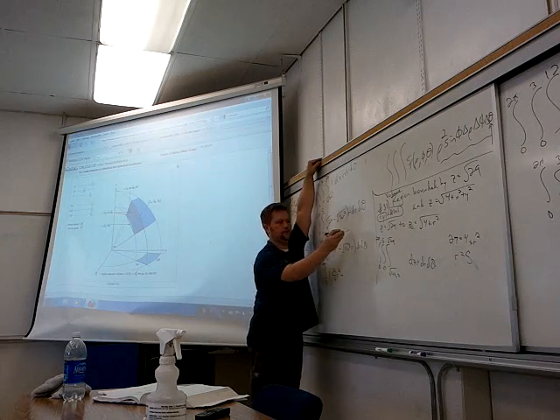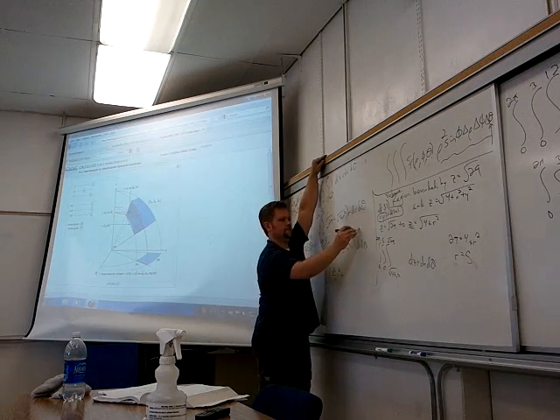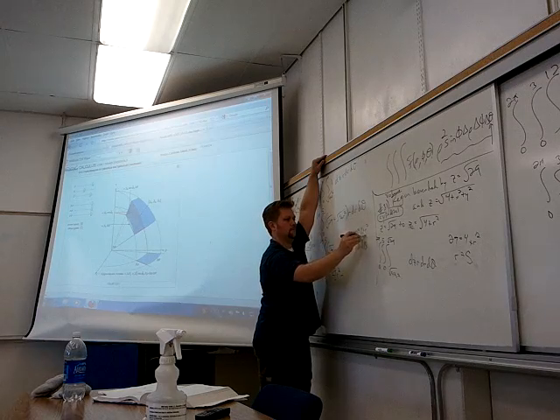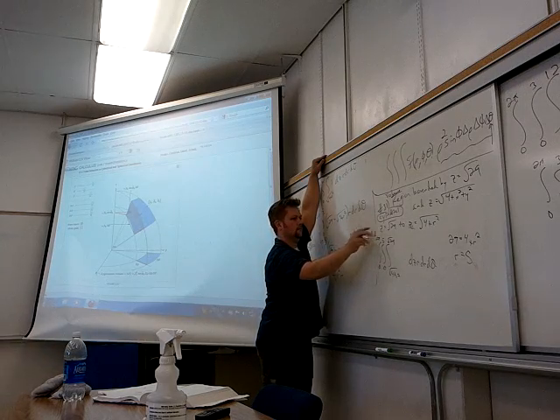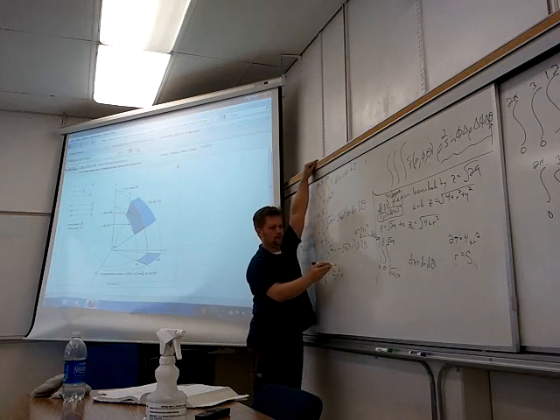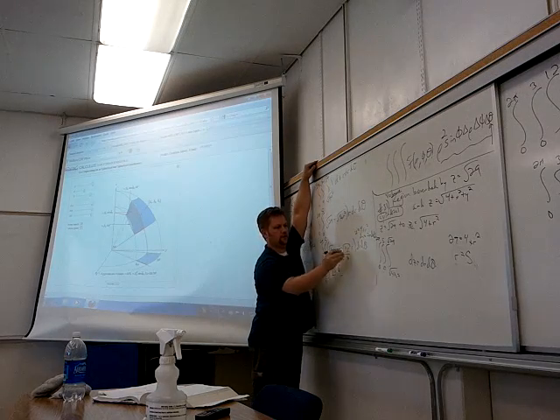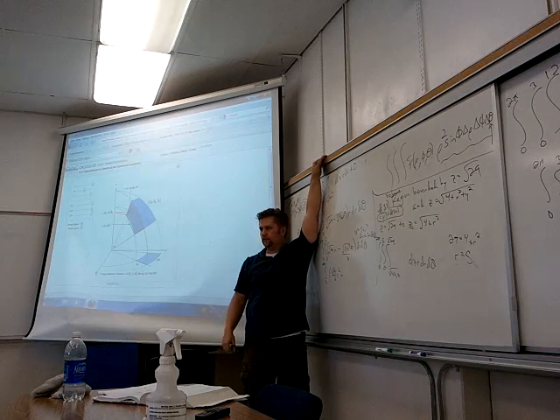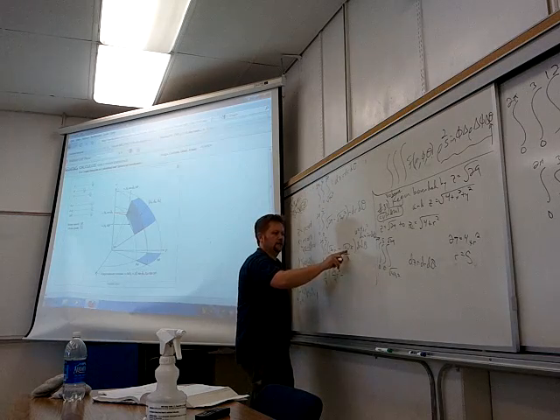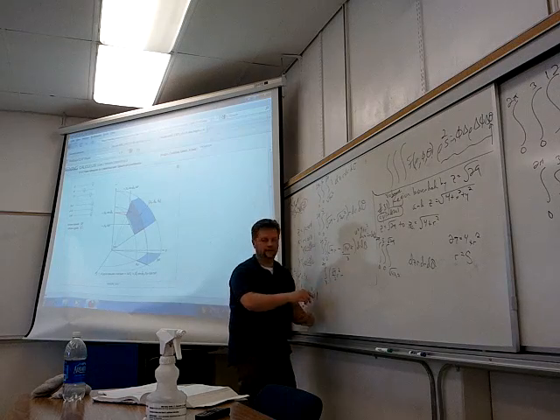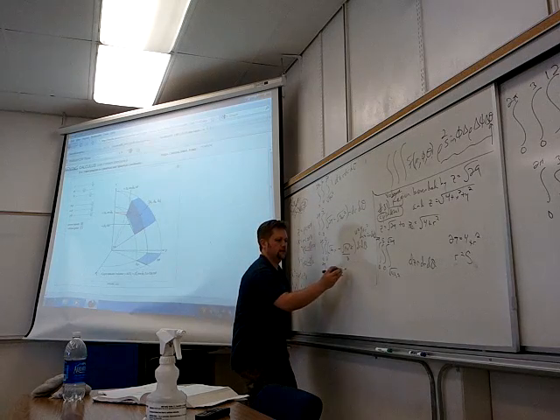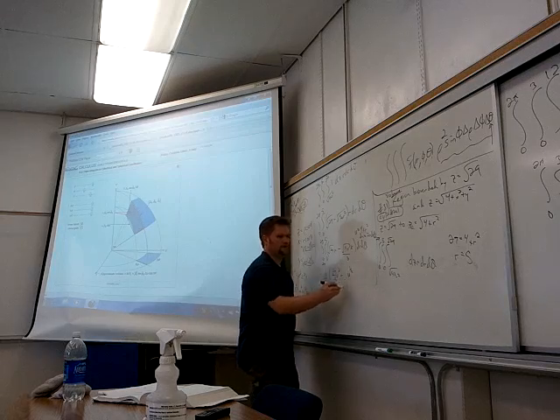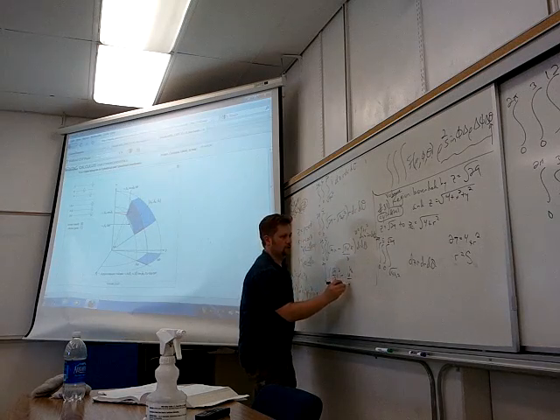Now this piece, you'll need a u-sub. One half r, yes, you'll have over 2. Is that cool? You guys with me? A little bit? So then you basically get u to the 1/2 over 2.